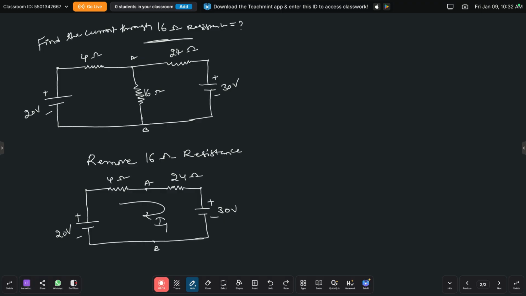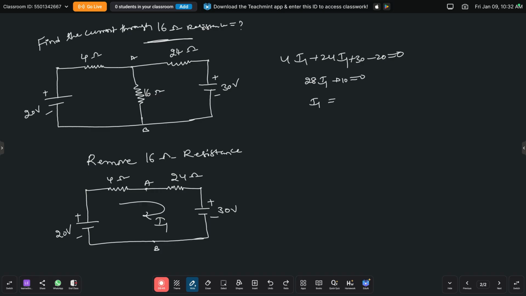So by applying mesh analysis we can write the equation. The equation is 4i1 plus 24i1. There is only one loop. 4i1 plus 24i1 plus 30 minus 20 is equal to 0. So total 4i1 plus 24i1, that is 28i1 plus 10 equals 0.